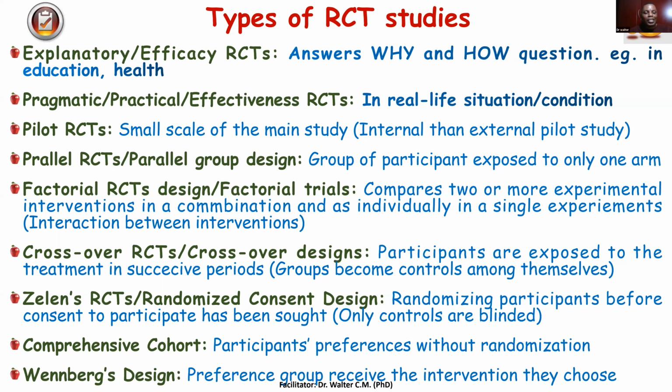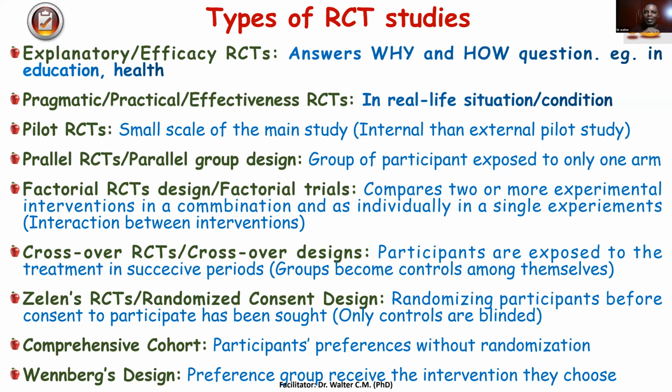But also we have a Zelen's randomized controlled trial. So here it's a kind of cohort randomized controlled trial because participants are randomized even before they give consent, before informed consent. You randomize them before they give you informed consent, you see? And then the control is blinded.